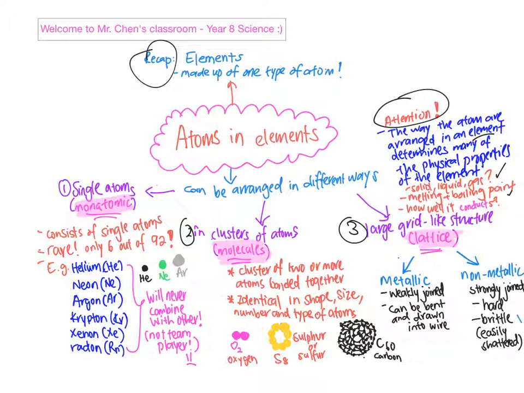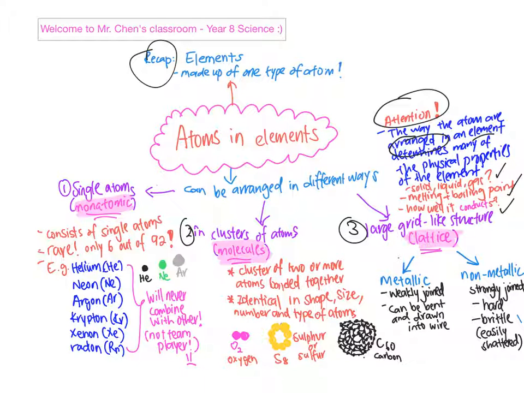The arrangement also tells you how well it will conduct heat and electricity, meaning how easily it heats up when you put fire on it, or whether electricity will go through it or not. That all depends on how it is arranged.